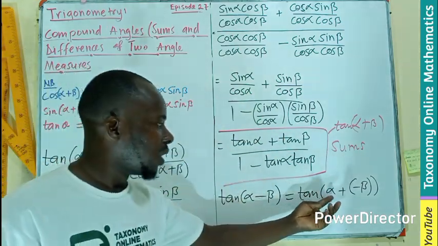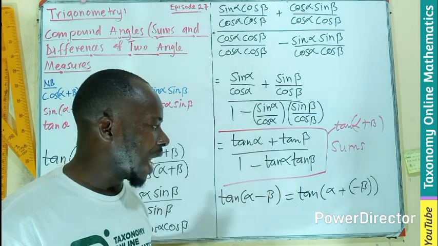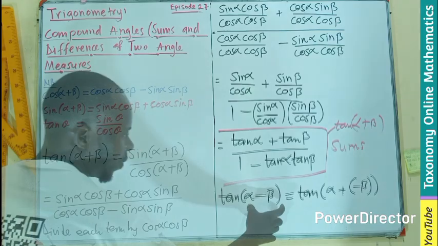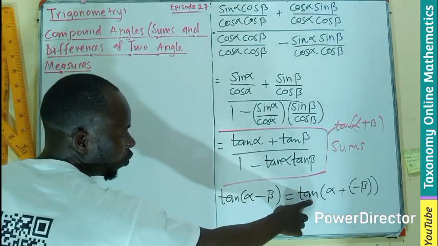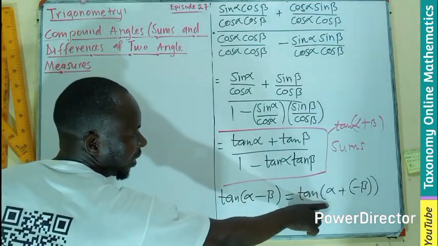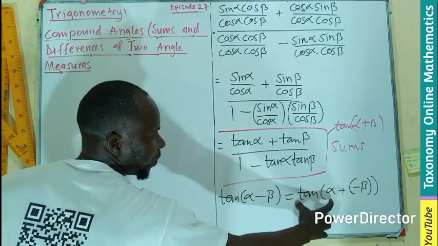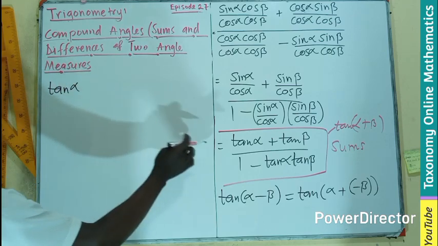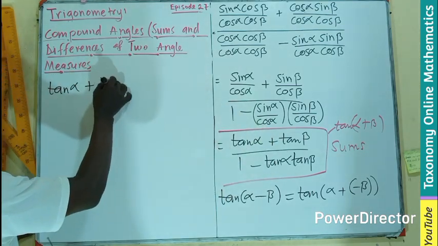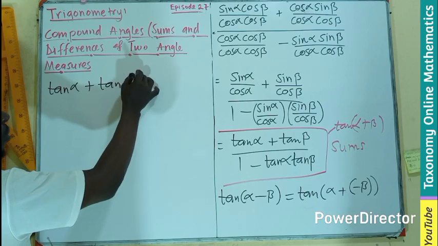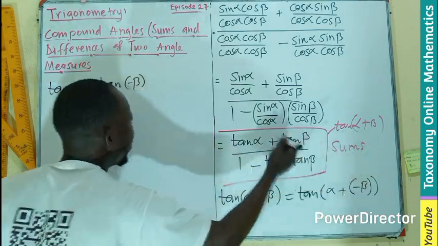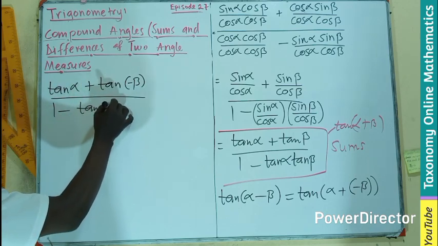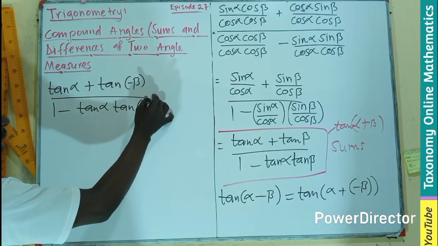So I only substitute this and this in place of this and see how that is going to span out. So this equals the tan of the first angle plus the tan of the second angle, which in this case is negative, all divided by 1 minus tan of the first angle times tan of the second angle.